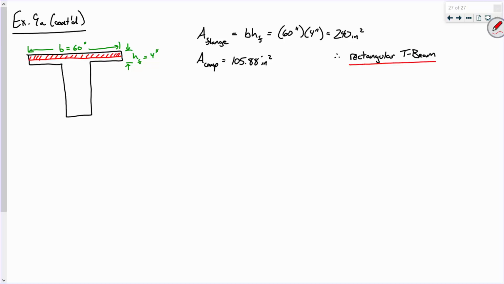I really want that to make sense. So it's only if the area of compression is less than or equal to the area of the flange. If it's greater than, then we have a true T-beam, because then the stress block has to dip down into the web a little bit. That's a good point.